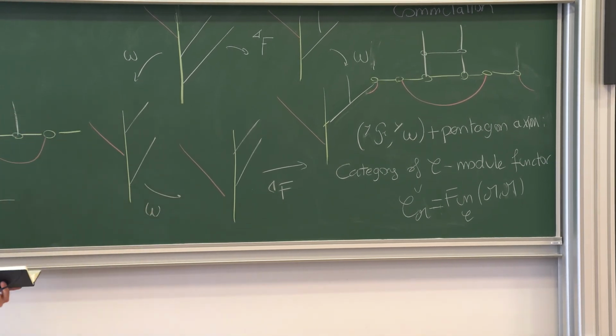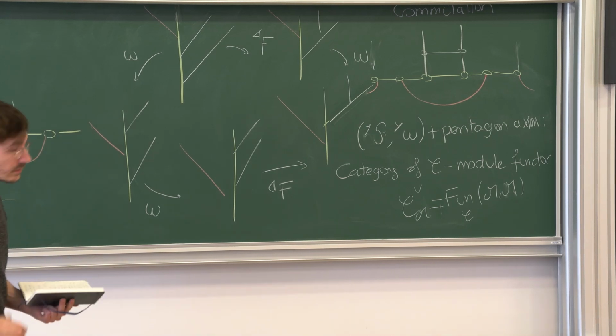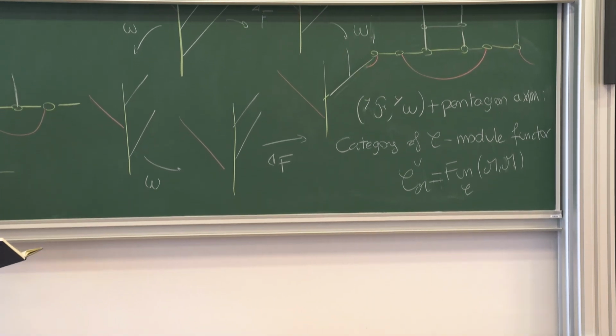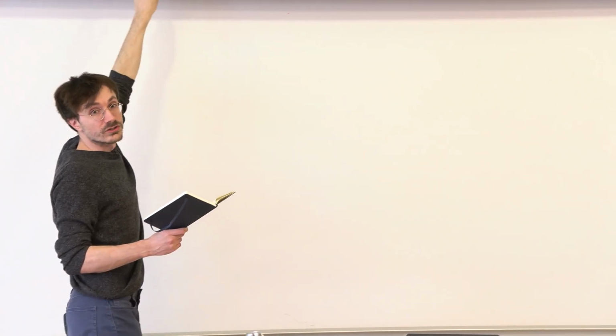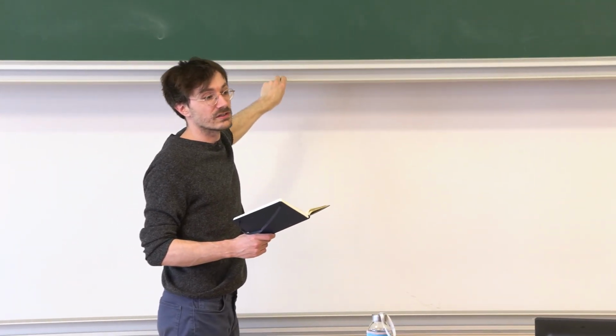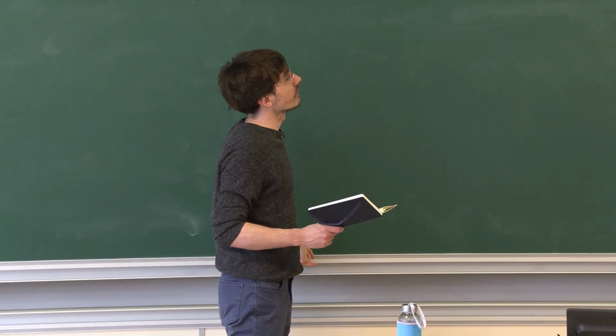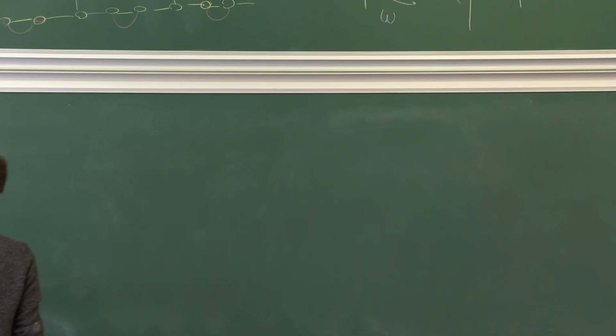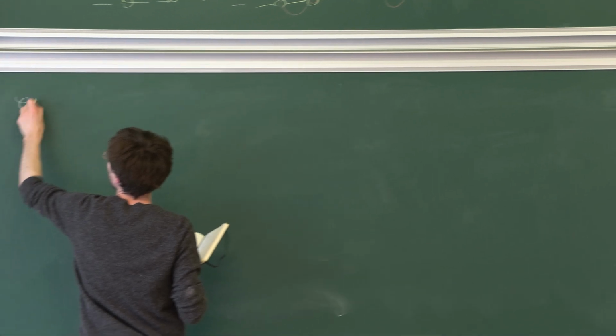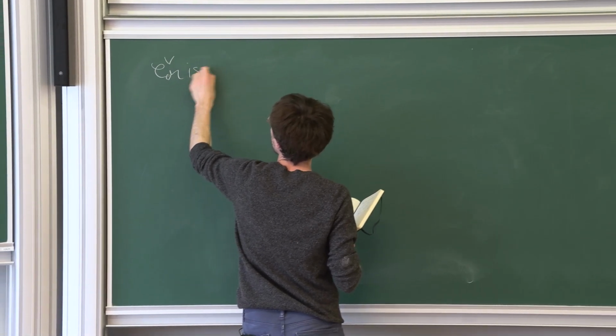Is it still a fusion category? Yeah, I was going to say something about that just now. This is precisely all the assumptions I've been making without emphasizing them too much: the fact that M is semi-simple and indecomposable. This is precisely to make sure that the dual of C with respect to M is indeed a fusion category.